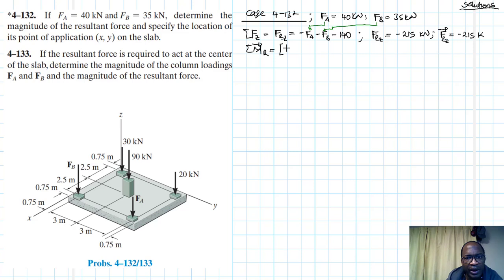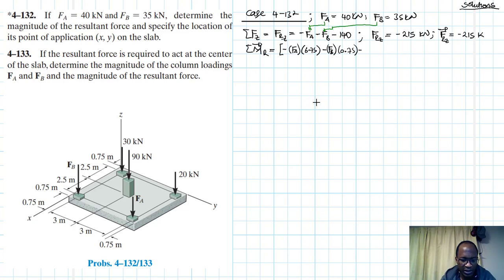So we have minus Fa by the lever arm, which is 6.75, minus Fb by the lever arm, which is 0.75. Okay, then minus, let me sum up everything.